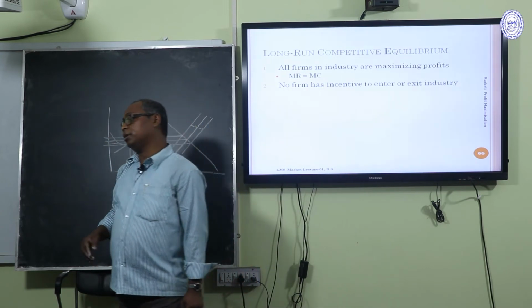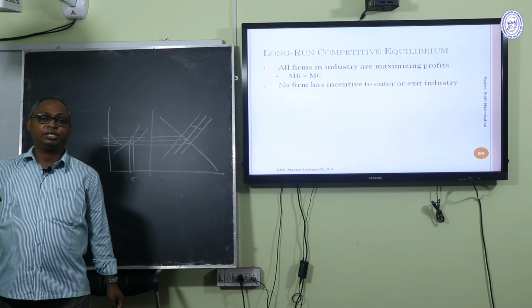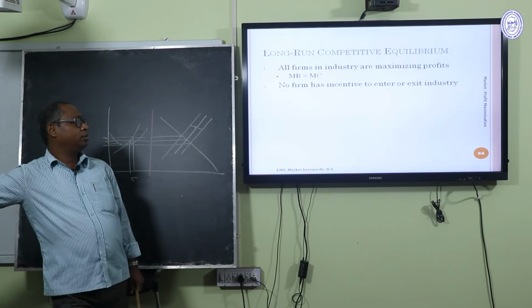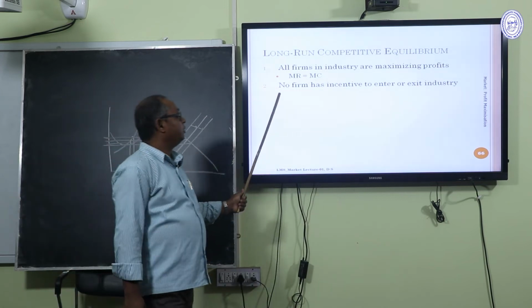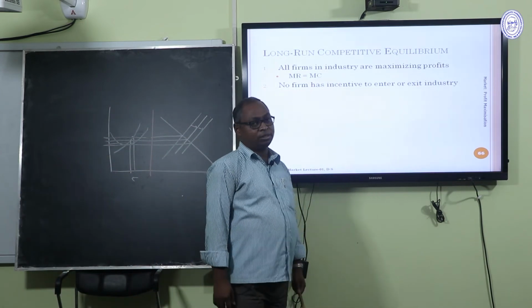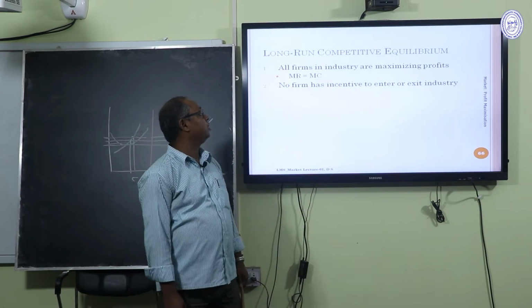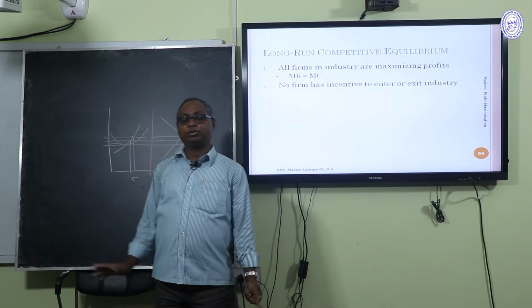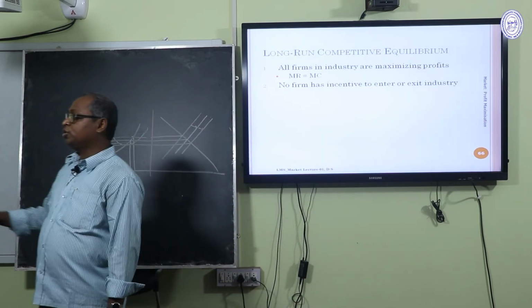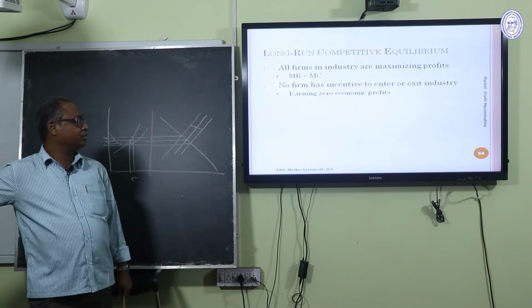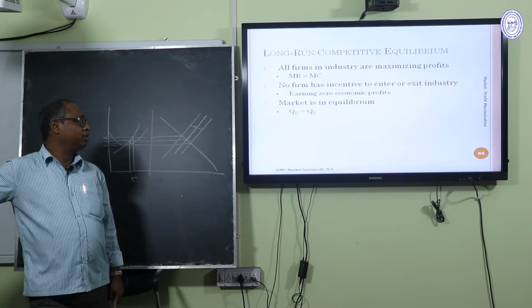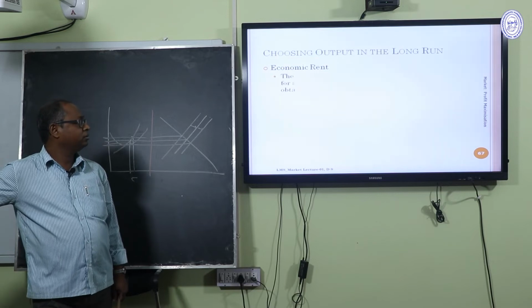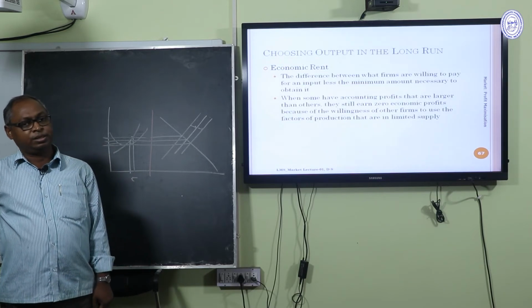If it is above or below the minimum point of LAC, then there is an incentive to enter and exit. But if we are at the long run equilibrium, then there is no incentive for the firms to enter and exit from the industry. Market is in equilibrium, QD equals QS.